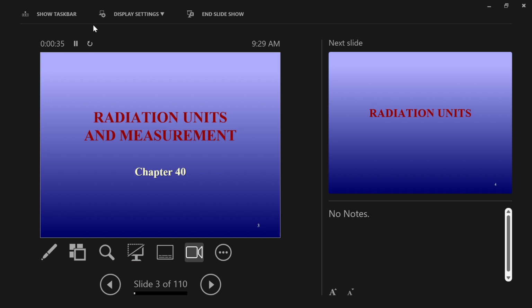I think it's worthwhile to put up on the board the units that we're going to be looking at, and what they sort of mean. So let me get a couple of things up here.